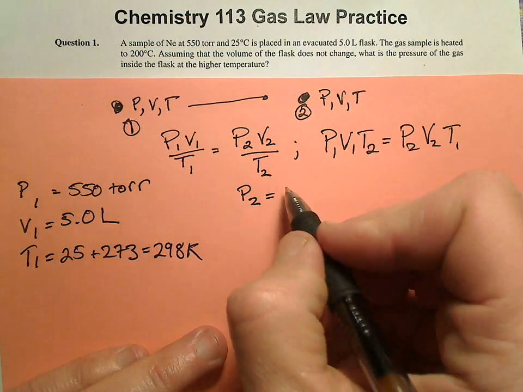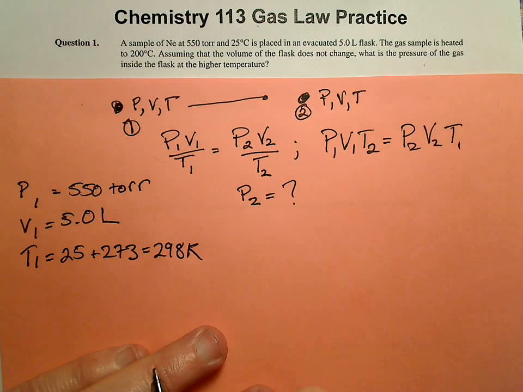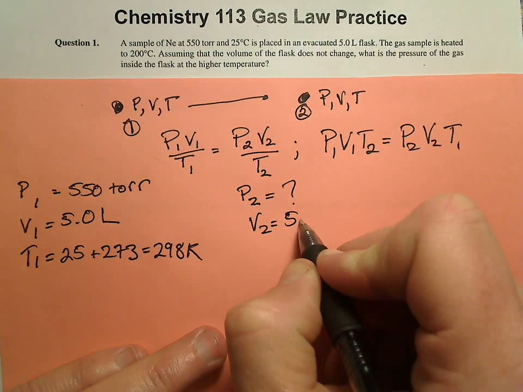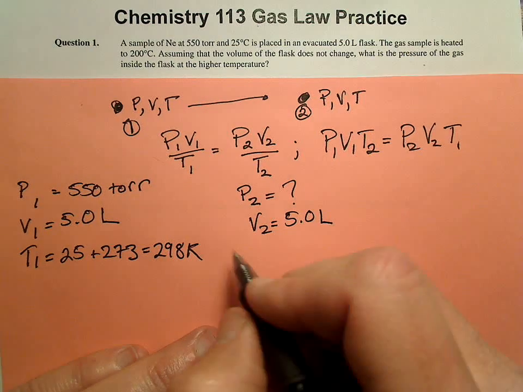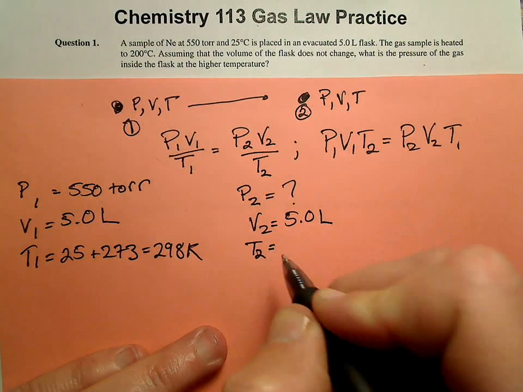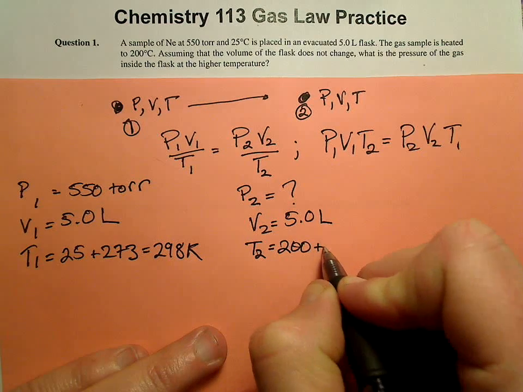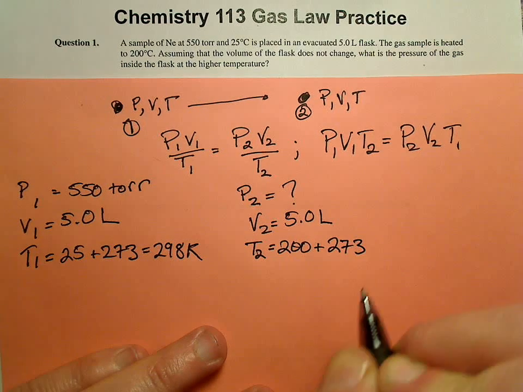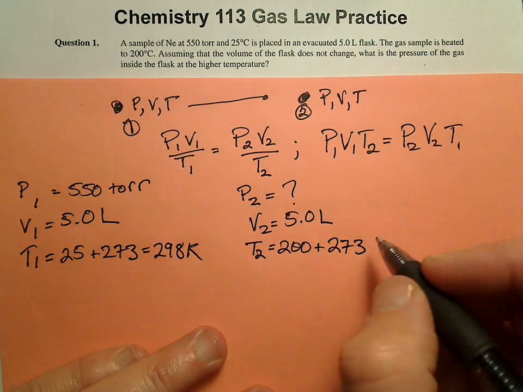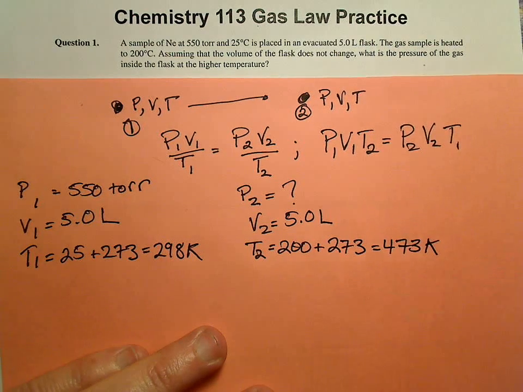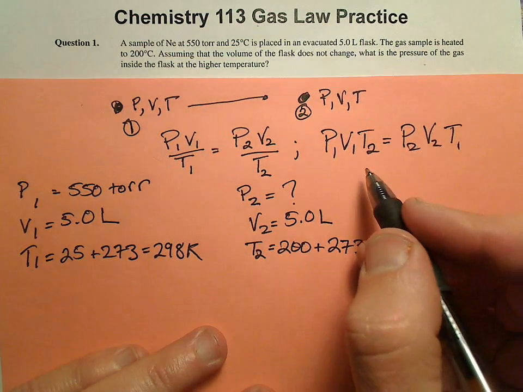We're trying to figure P2 out. V2 is the same thing because the volume doesn't change. And T2, well, it goes up to 200 degrees Celsius. So we're going to have to add 273. That's 473 kelvins.